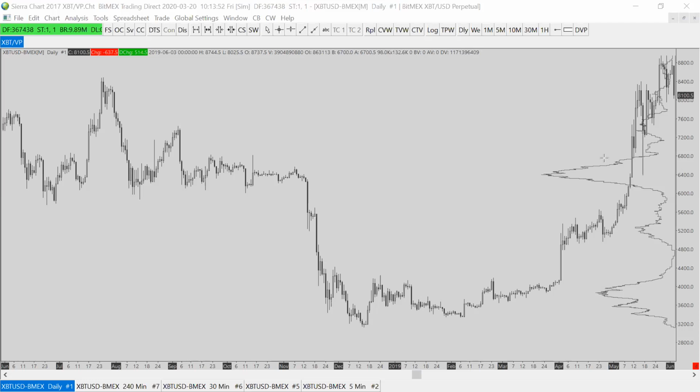And many of the institutional execution algorithms trade using volume profile, mainly using VWAP, the volume weighted average price, as a measure, basically to execute the majority of large orders when the market is most liquid.